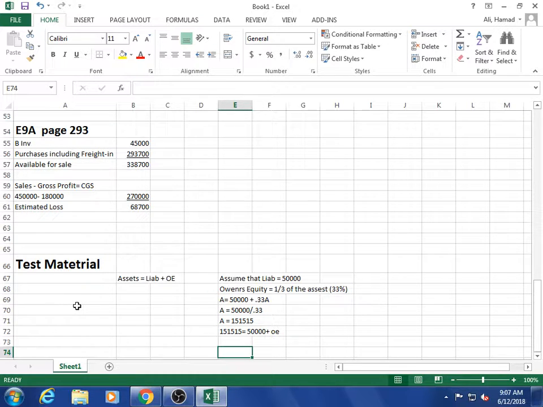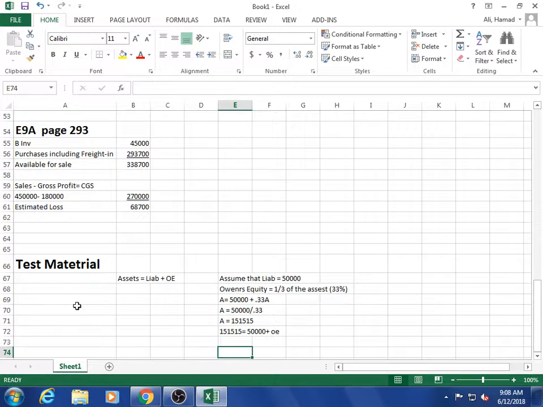Question 3 is just deciding whether we debit or credit something. It's an application of the double entry rules. When assets increase, they are debited. When they decrease, they are credited. Liabilities are the opposite: when they increase, they are credited, and when they decrease, they are debited.